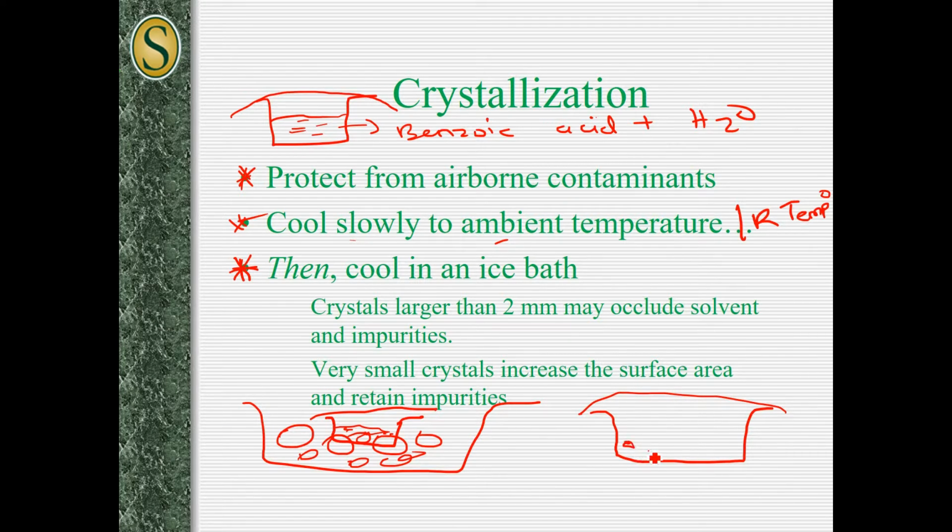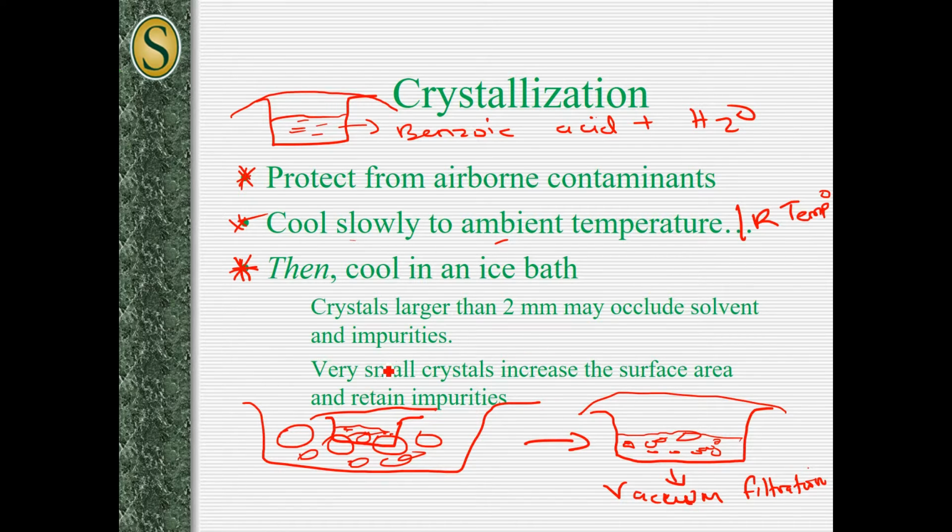You'll see lots and lots of needles floating in the water, and that's when you are ready for vacuum filtration. Vacuum filtration is going to be different from gravity filtration, because we're going to use suction to create a vacuum.